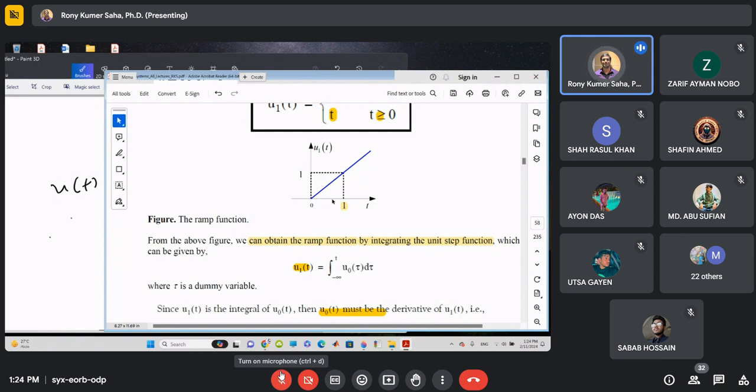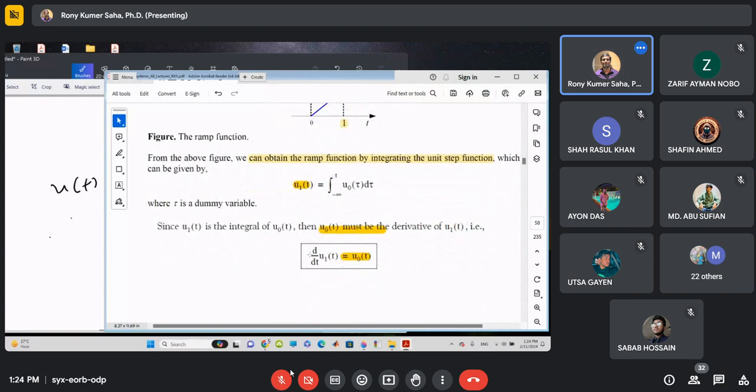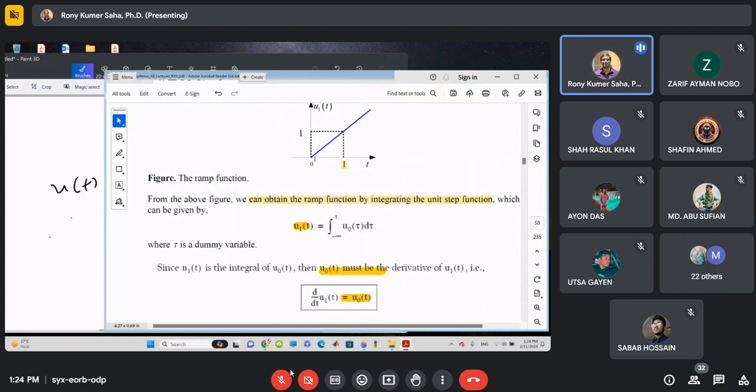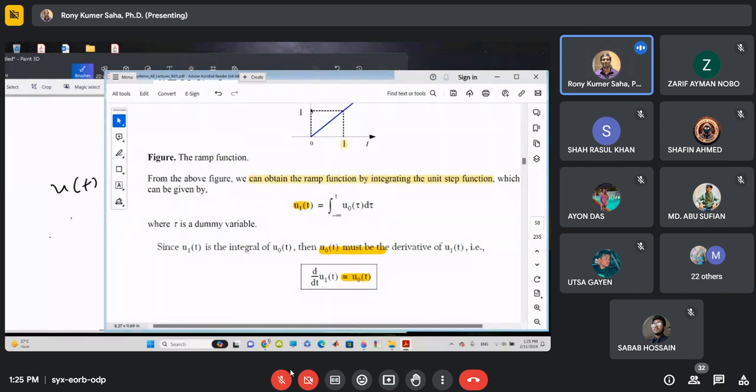So whatever the value of t is, that is the value of the function. In short, it is the integration of the unit step function, or conversely, the differentiation of this function. If we differentiate a straight line, we get a static value. This one is a straight line at about 45 degrees, with a slope of 1, because these two values are the same. But here the slope is 0, right?